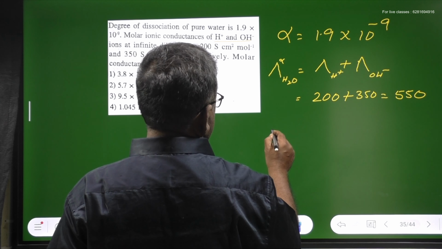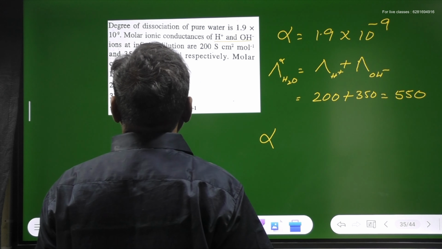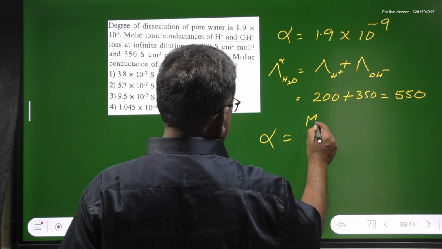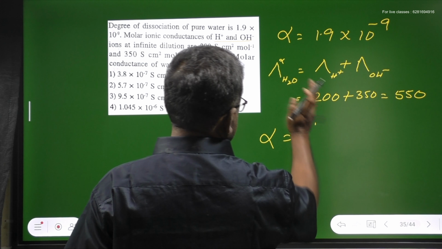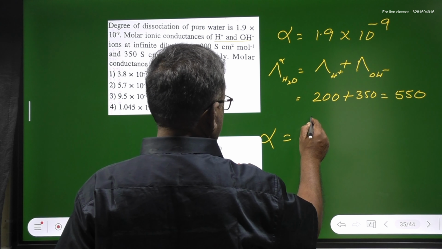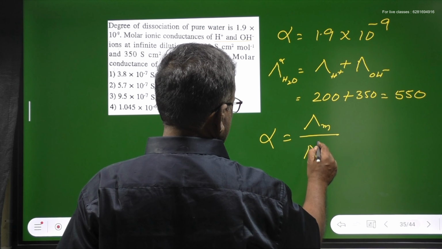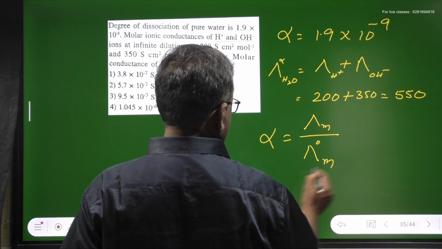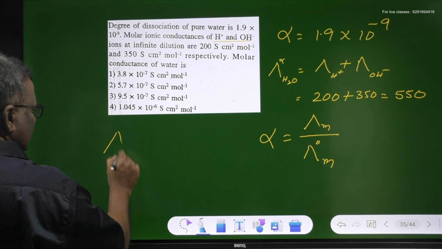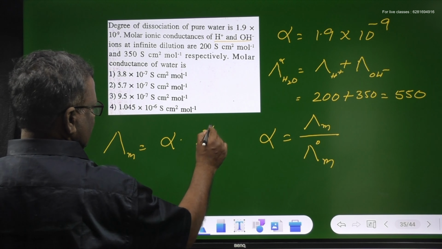So alpha is equal to molar conductivity by limiting molar conductivity at infinite dilution. Therefore molar conductivity is equal to alpha into limiting molar conductivity.